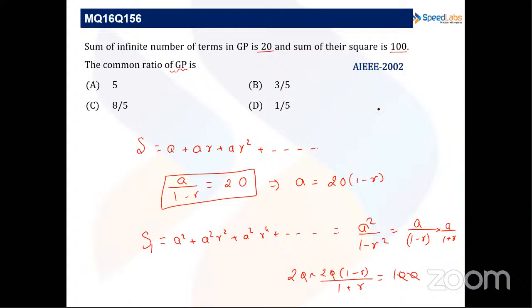So from here 4 minus 4R is equal to 1 plus R, that is 3 equals 5R, or R equals 3 by 5. So the common ratio of this GP is 3 by 5. Is it clear?